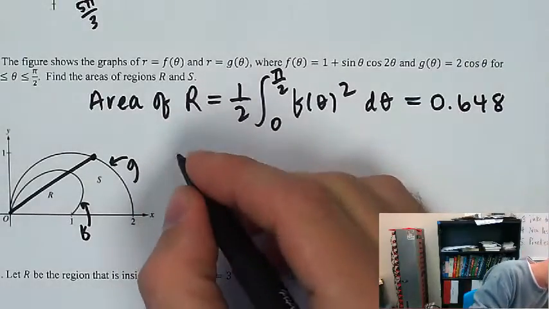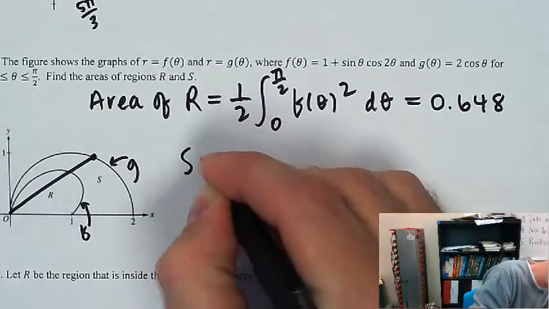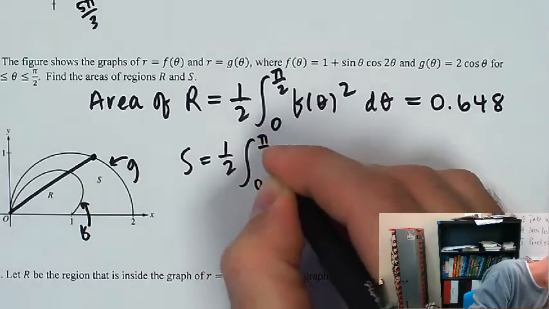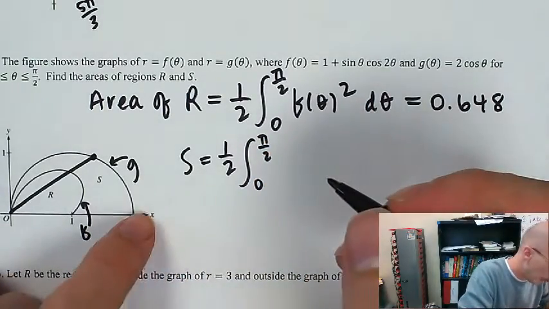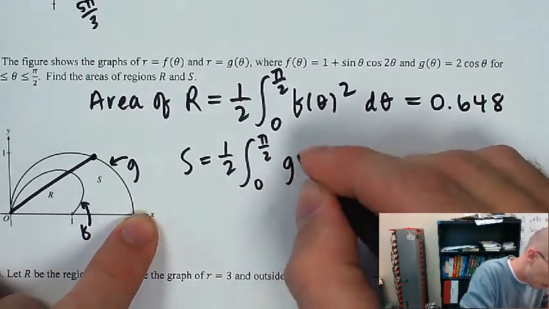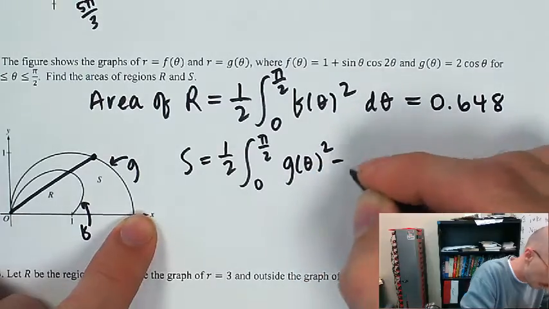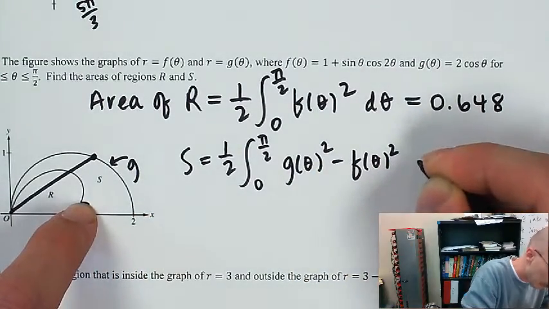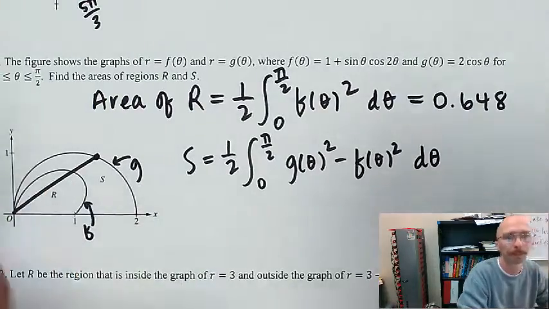So area of S would be 1/2 of the integral still from 0 to pi over 2, but outside is g of theta squared minus inside would be f of theta squared d theta.